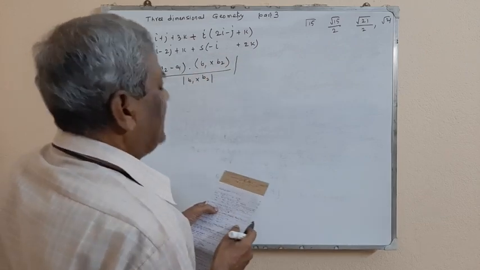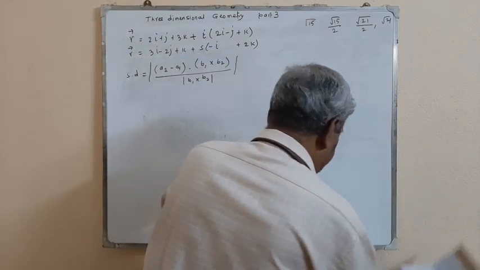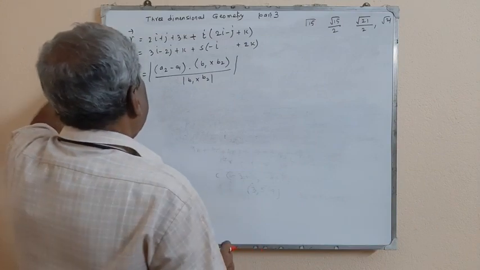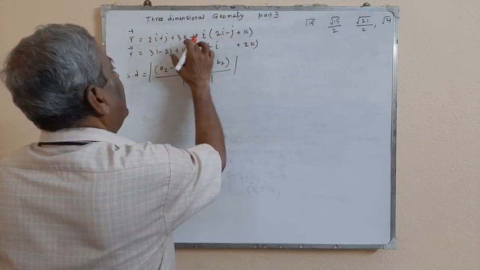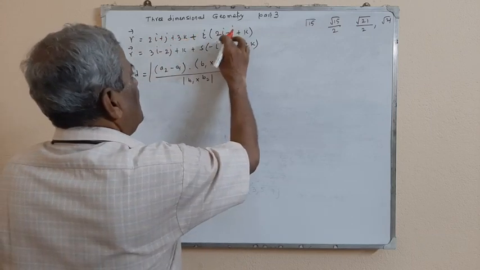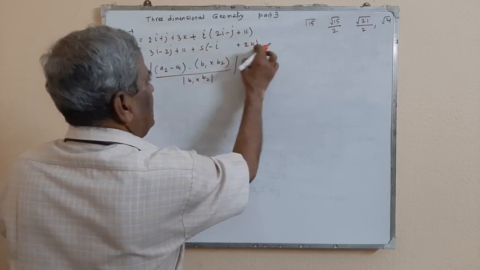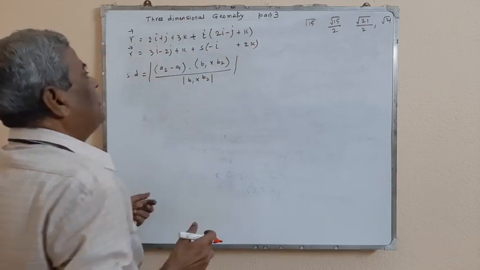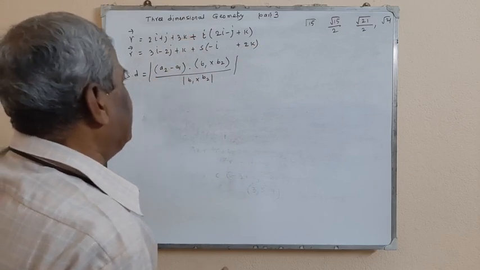It cannot be negative, that's why. In this case, first straight line is that. So it is A1, and this is B1. This is A2, this is B2. So using the results, you put it there.